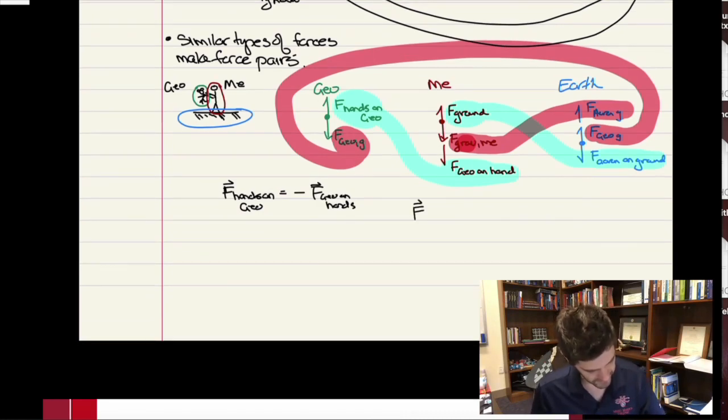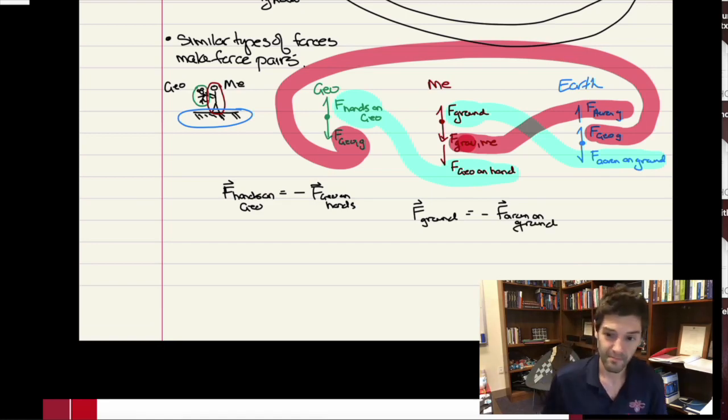Whatever normal force I write down for me in contact with the ground is equal and opposite to whatever contact force the Earth experiences as I push down on the ground.